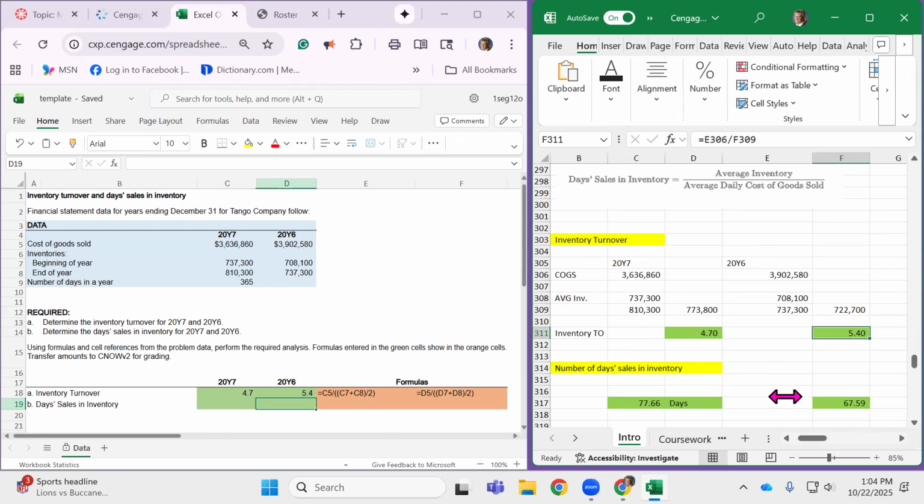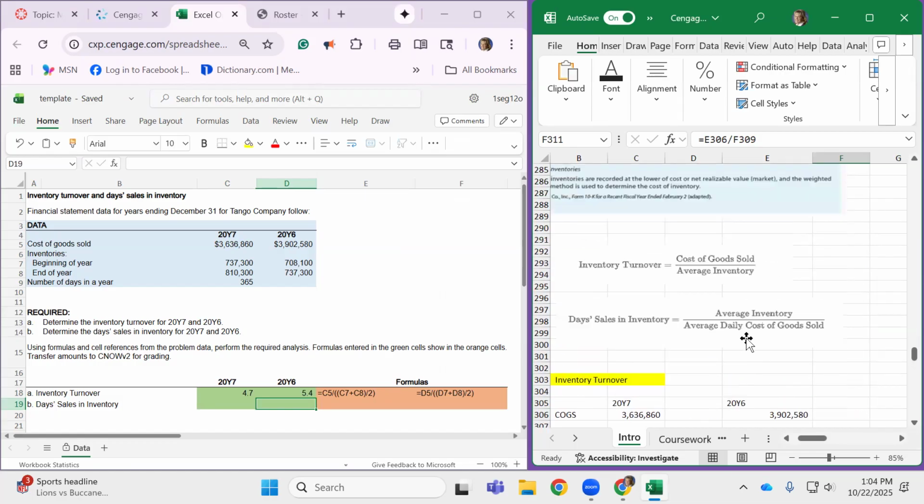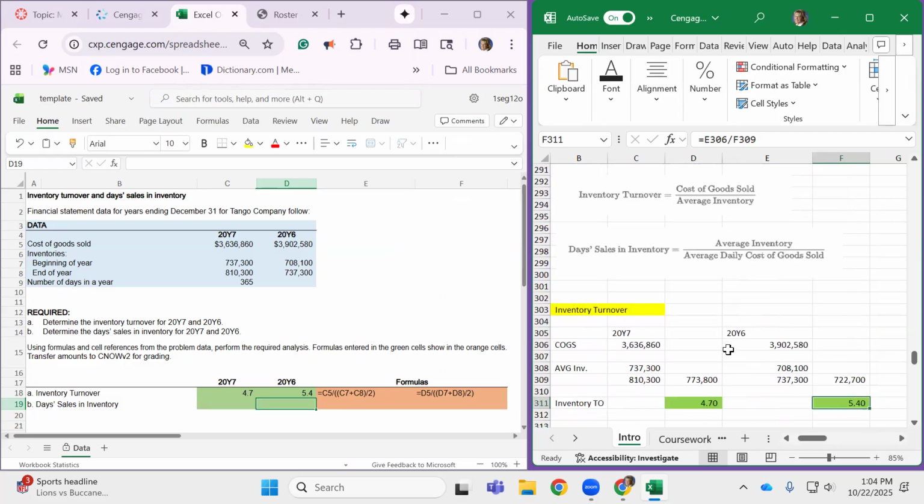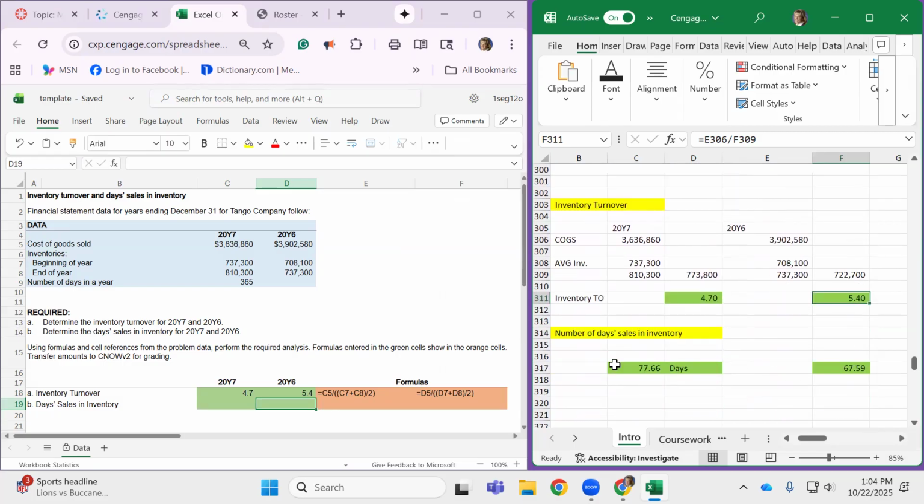Okay. So how many days does it take? What we're going to do is take, and here's the average inventory, right? So we've got to do a little calculation here.